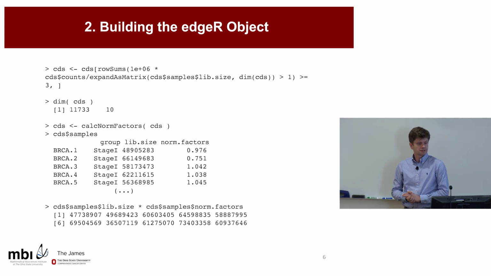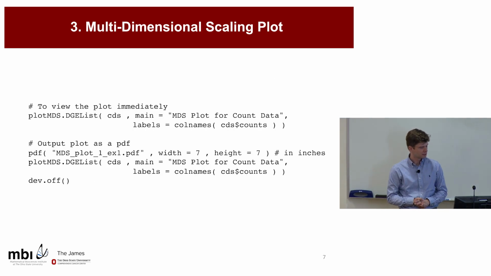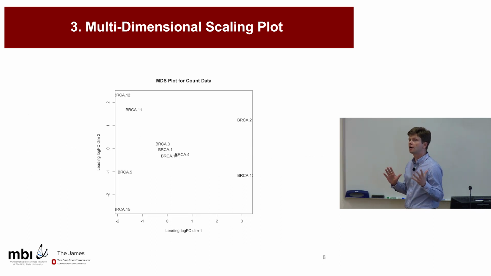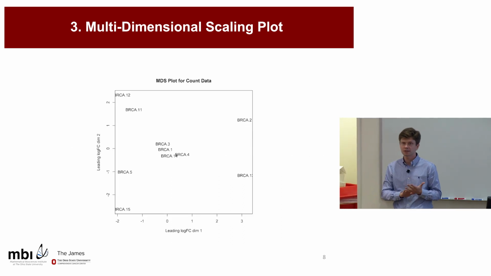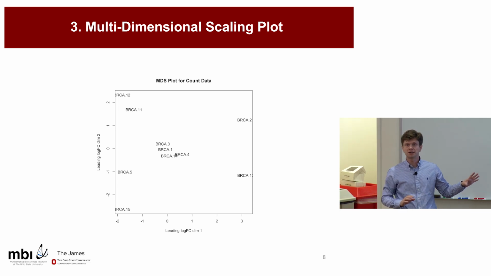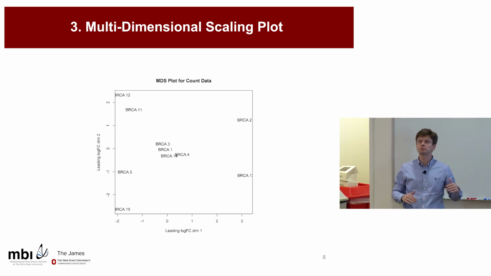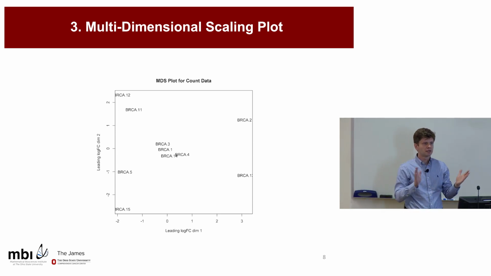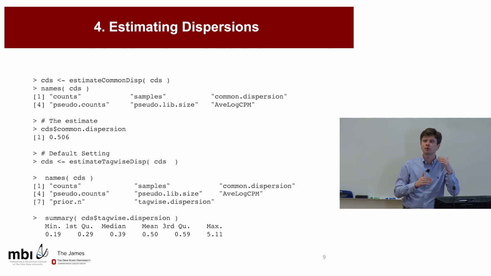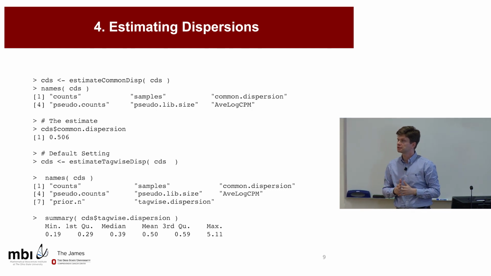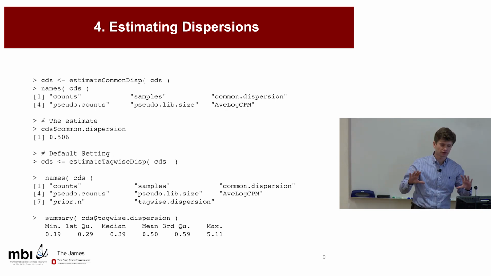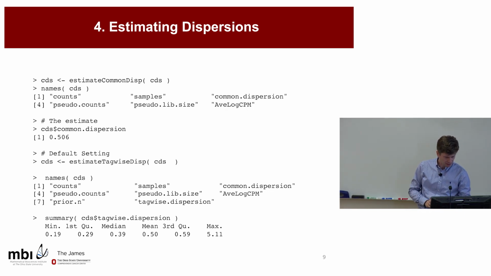And the next thing you would be asked to do is a multi-dimensional scaling plot. So basically, in this plot, you will see the overall similarity of expression profiles. Here it would be on the basis of the top 500 most variable genes. So you take these top variable genes and you see how the expression profiles of the samples are similar to each other, or whether they group, whether they create any clusters and such.